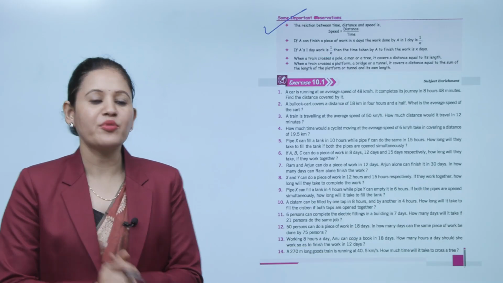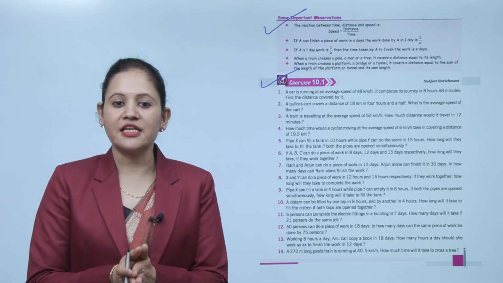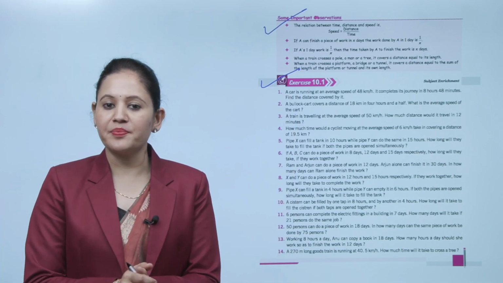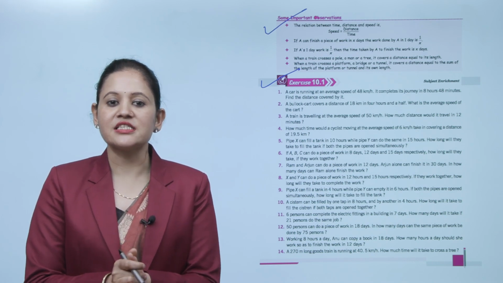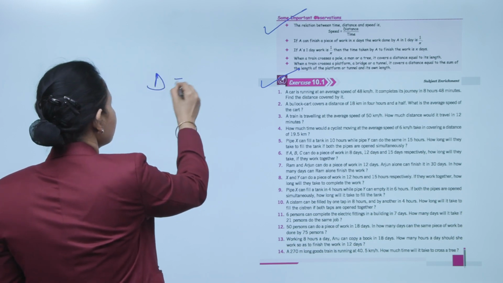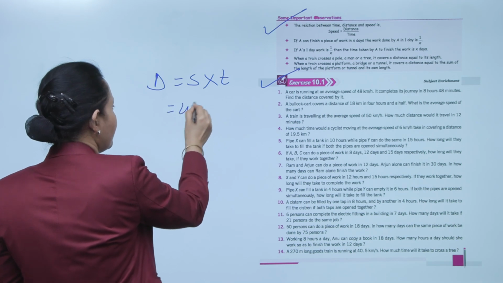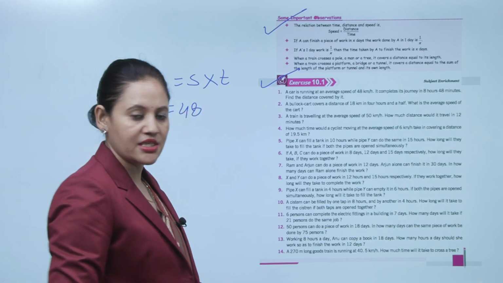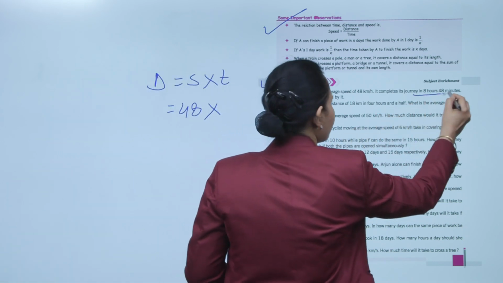Next is exercise 10.1. A car is running at an average speed of 48 km/h. It completes its journey in 8 hours 48 minutes. Find the distance covered by it. So, distance equals speed into time. Speed 48 kilometers multiplied by time, 8 hours 48 minutes.